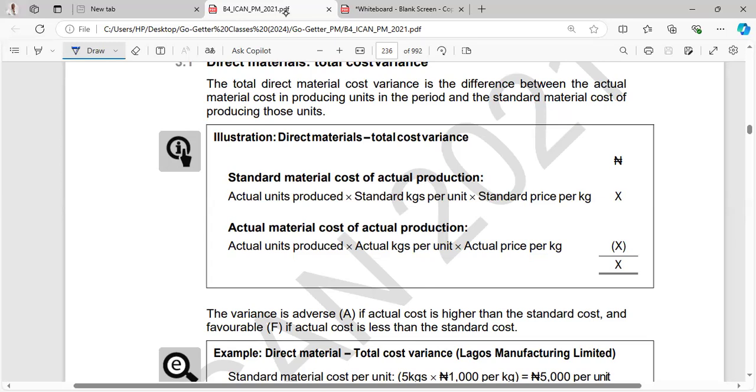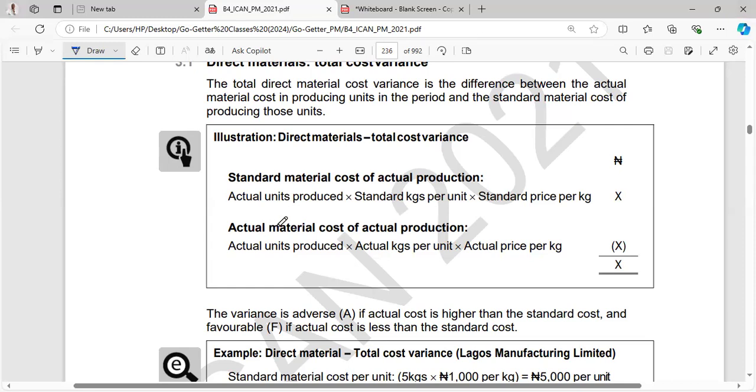If you find the difference, for it to be in brackets, it means there is a minus somewhere. So the variance is adverse if the actual quantity, which is the one under, is higher than the standard, and favorable if the one on top, which is the standard quantity, is higher.